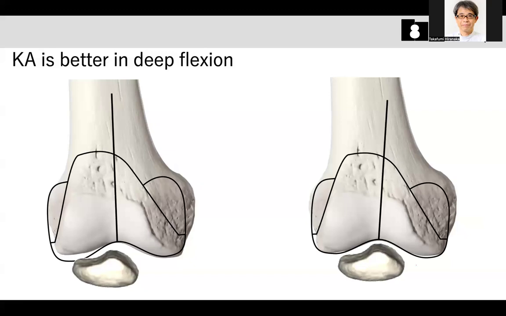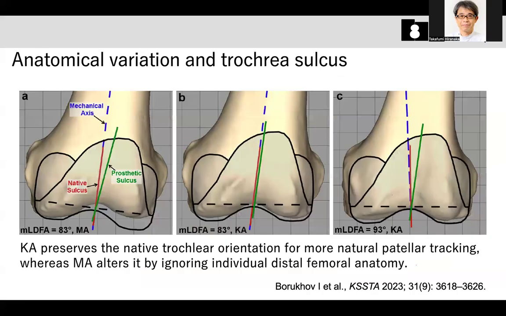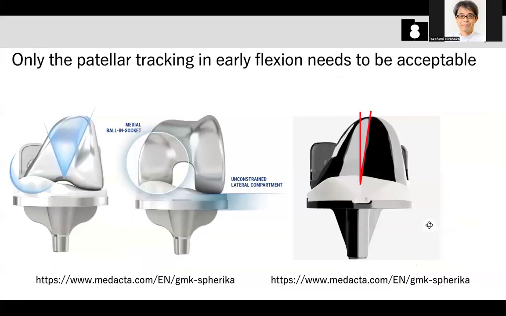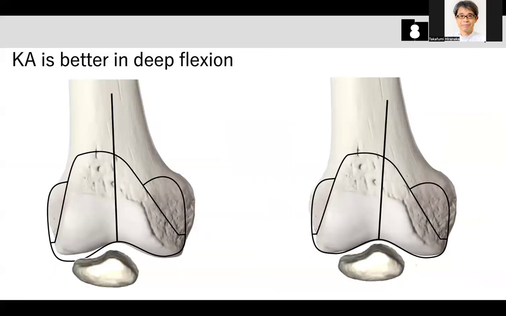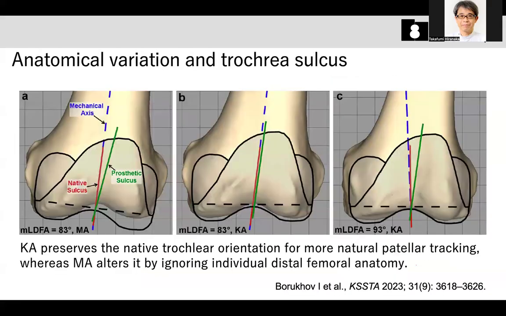So this is one answer: there is no difference between kinematic alignment and mechanical alignment. But the concern is early flexion, because the groove angle is actually very variable, regardless of kinematic or mechanical alignment.